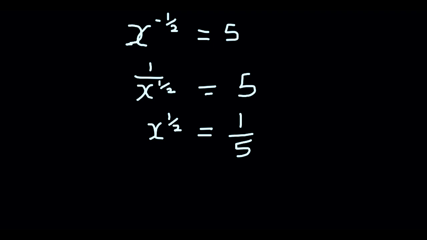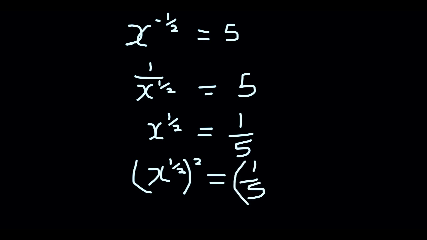By taking the square of both sides, we have x power half into brackets power 2 equals 1 over 5 into brackets power 2.